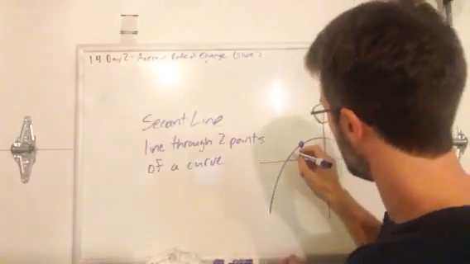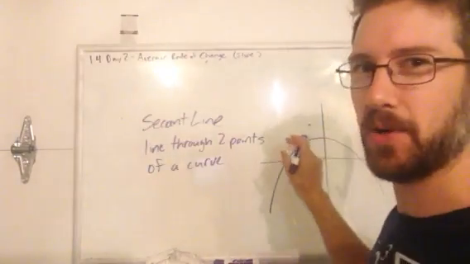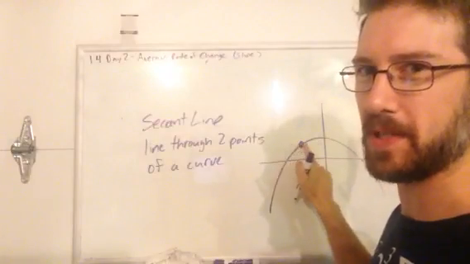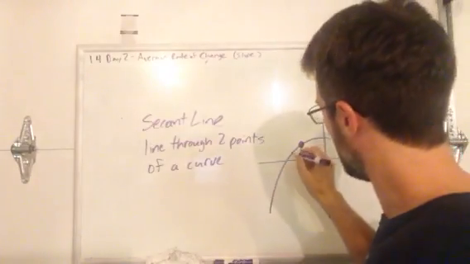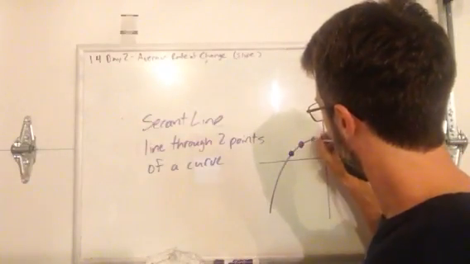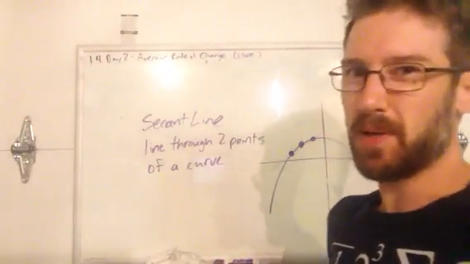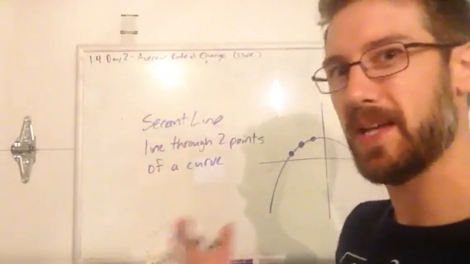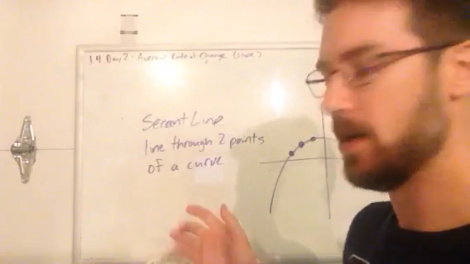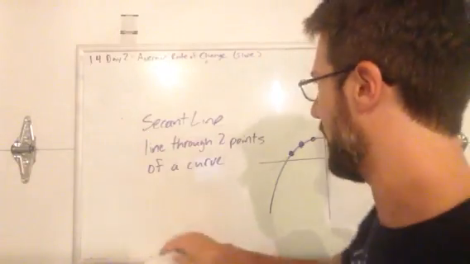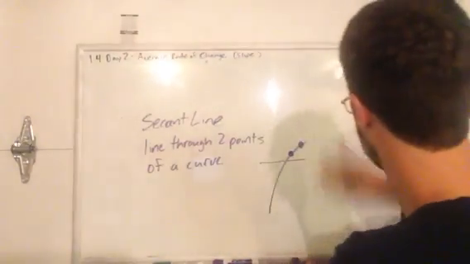And so you estimate it with a secant line by saying, I don't know how to get the slope at exactly that point, but if I choose a point maybe right here and figure out the line that goes through that point, it's probably a pretty good estimate, right? So that's really what we're building the idea of with today's stuff, with this idea of average rate of change and a secant line.